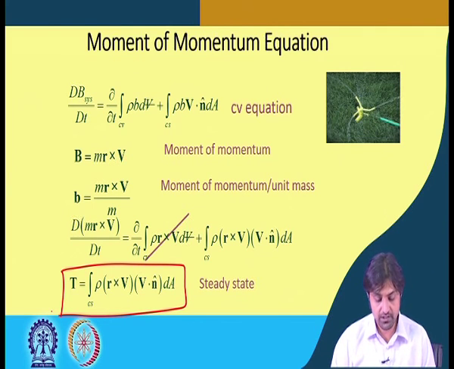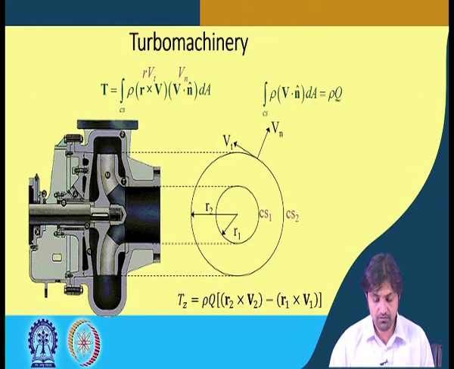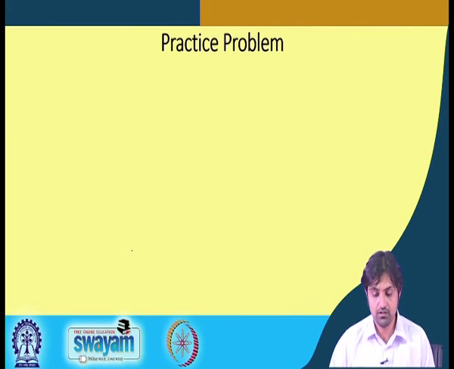This is for steady state, because del by del t is 0. We are not going to do the analysis. One of the examples is turbo machinery, but I am going to skip this for your convenience. But to know, one of the examples of the moment of momentum conservation equation in real life is turbo machinery.